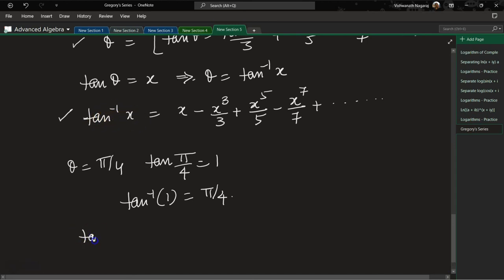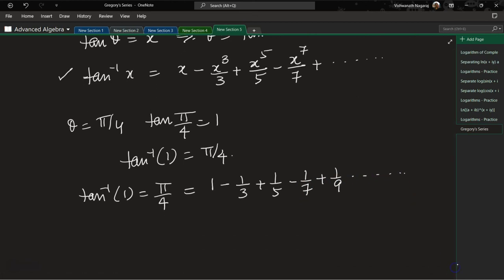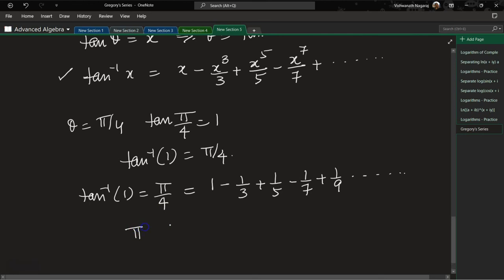Tan inverse of 1, which is equal to pi by 4, would be equal to 1 minus 1 by 3 plus 1 by 5 minus 1 by 7 plus 1 by 9, and on and on. Because of this, we can find the value of pi to whatever degree of decimal points we want by just adding up all this.